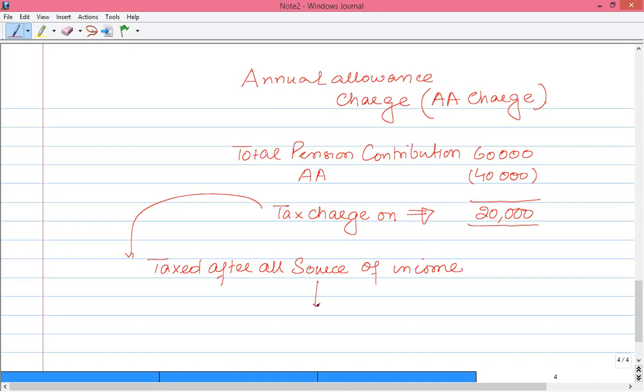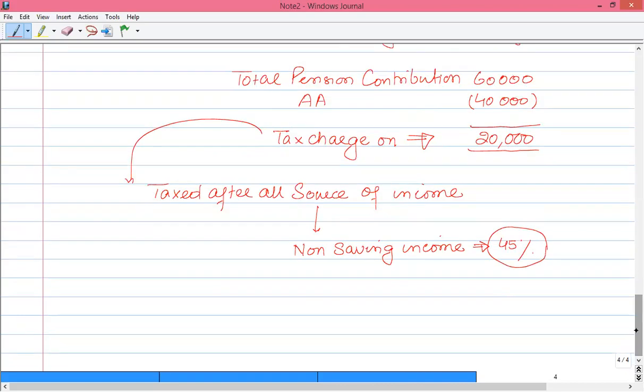And the rate that would be applicable is the rate of non-savings income. That means there are likely chances that the maximum rate of 45% will be used, but it depends on the level of other income. It might be 20, it might be 40, or it might be 45%.